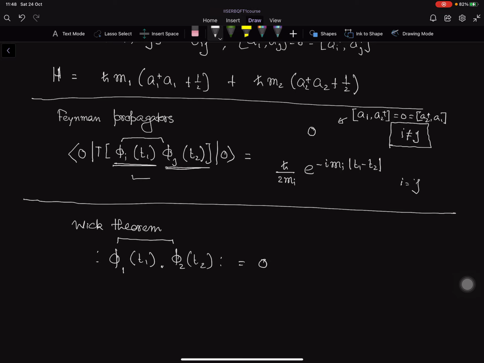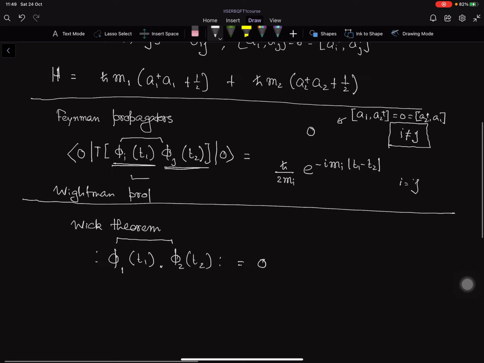Not only is this 0, you can also show that the Wightman propagator is also 0 for i not equal to j.